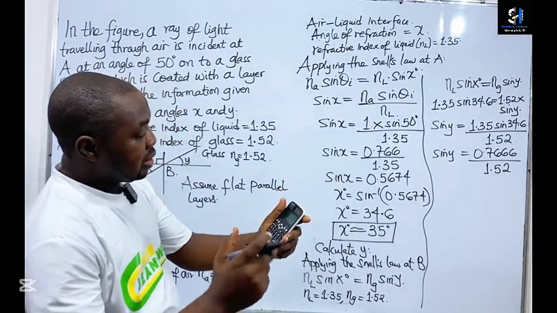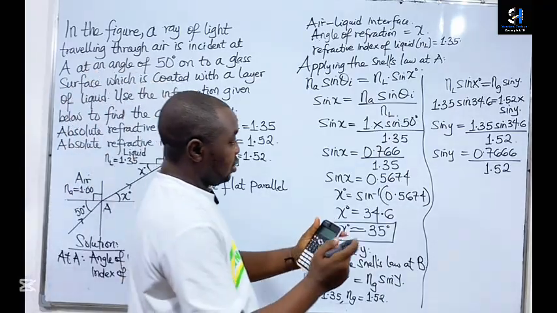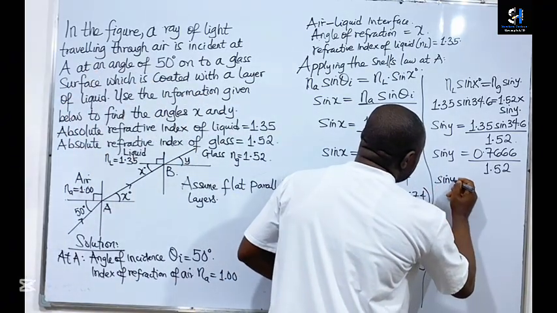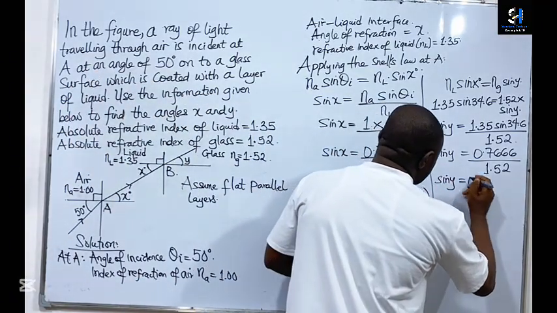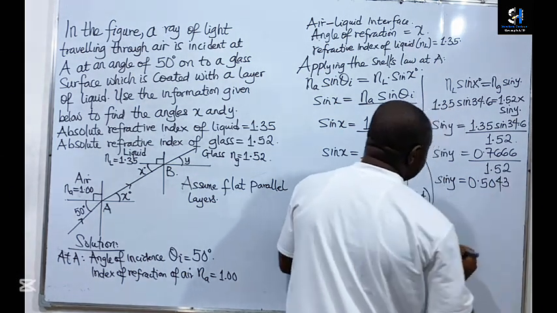Dividing 0.7666 by 1.52, sine y equals 0.5043.